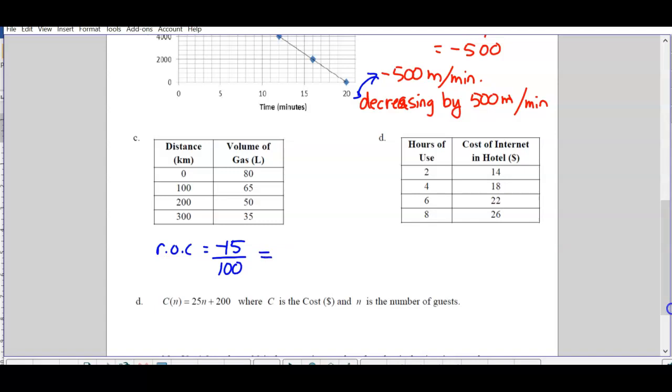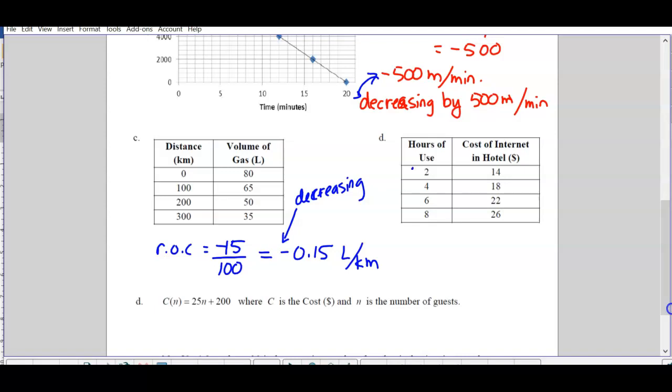Or, because it's a volume, you could show it as a decimal. So negative 0.15, and that's liters per kilometer. So basically the gas is decreasing, right? You're using it up. Decreasing at a rate of 0.15 liters per kilometer driven.